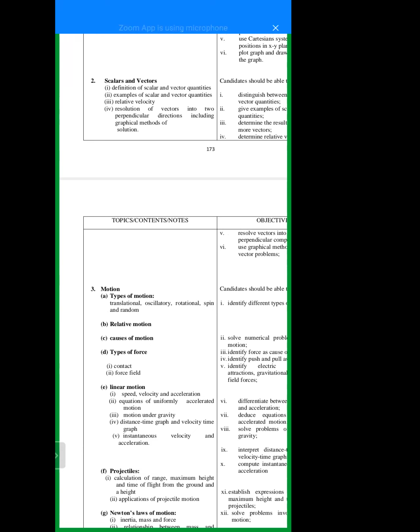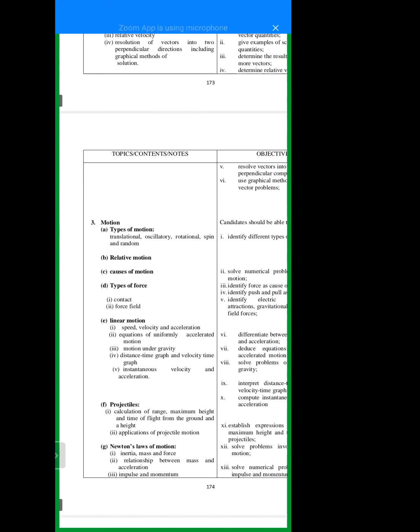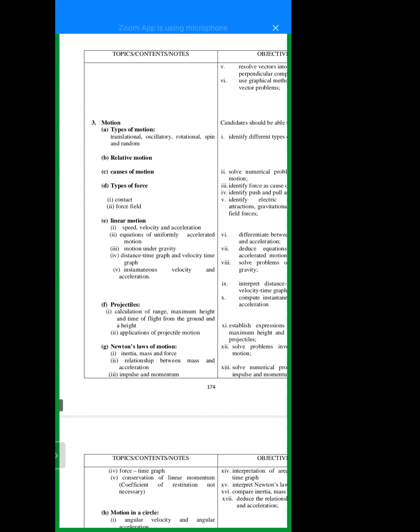So for scalar, it is just size, and for vector, it is both size and direction. Another word for size is magnitude. So you can say it's both magnitude and direction, or simply magnitude. Another word for magnitude is size, so that it will be clear to everyone.